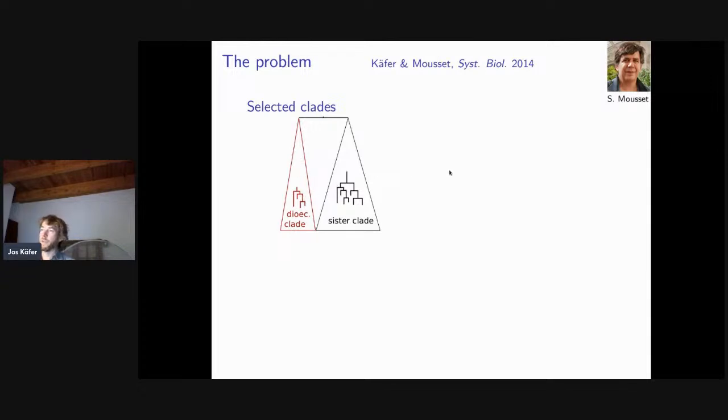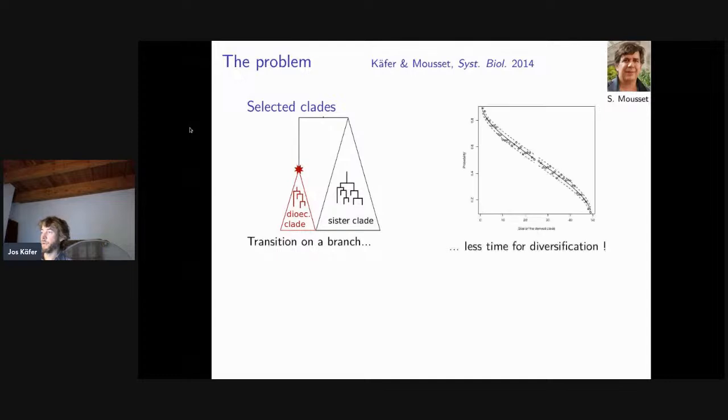Well, these have been selected, which means that, as dioecy is most often derived, there had been a transition somewhere on this branch leading towards a dioecious clade. So actually, if this transition took place here, then the dioecious clade had less time to diversify and is actually smaller just by construction. And indeed, that's what the model that Sylvain made showed.